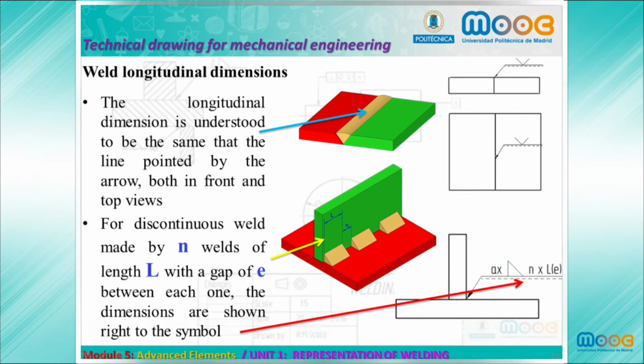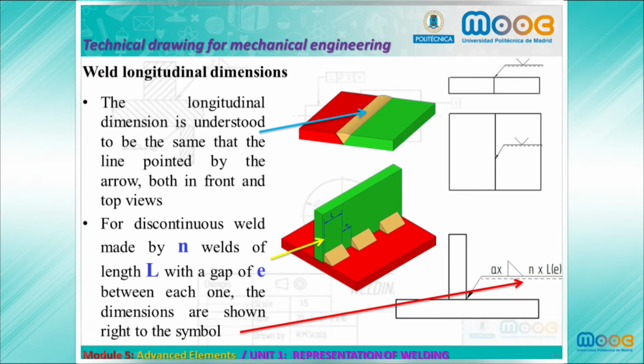Well, longitudinal dimensions. In general, it's understood that the length of the weld is the same as the length of the joint between portions.